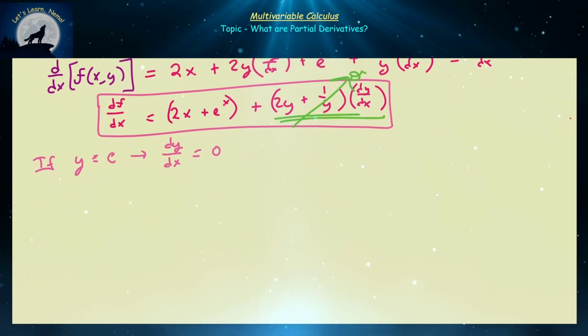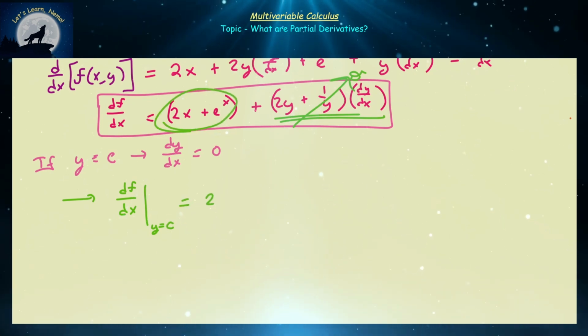So if we do that, then the derivative of f with respect to x when y is set to be a constant will just be equal to that first term, 2x plus e to the x, which technically could still have y in it. So we have 2x plus e to the x.